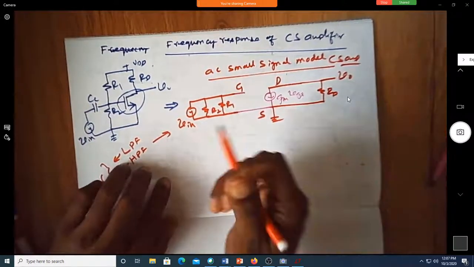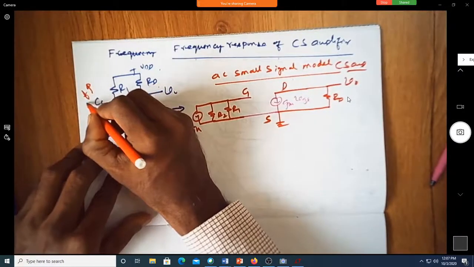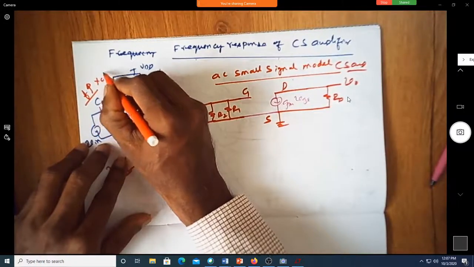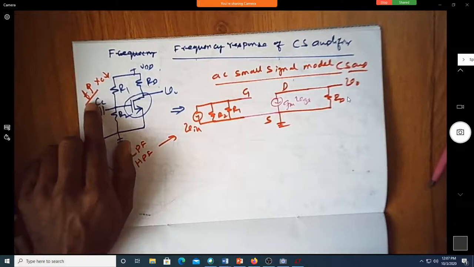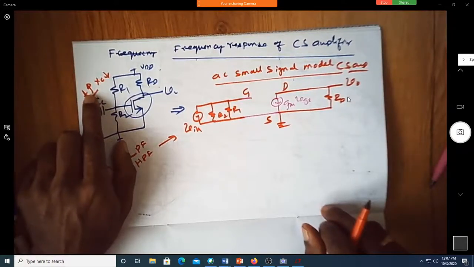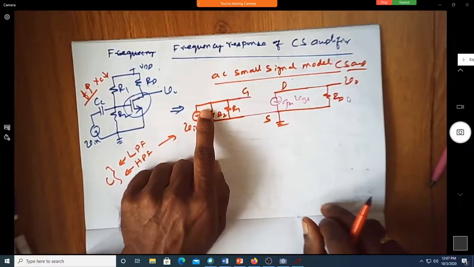The reason was that we assumed the frequency of the signal to be large. When the frequency is large, XC is very small. So since we assumed the frequency to be large, we neglected this CC and replaced it by a short circuit.